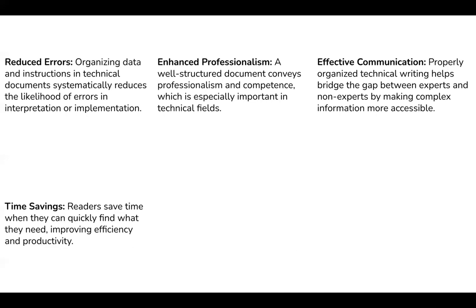So that will save me time instead of me having to read from the start to the point where I should have started from if the document was organized properly. So it saves readers time when they can quickly find what they want.